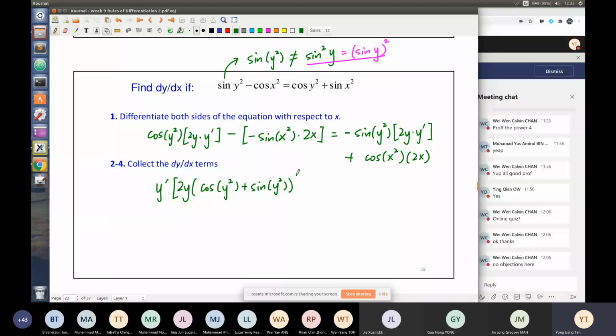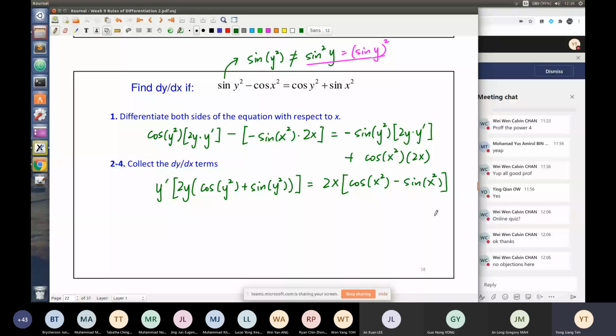Then I throw the rest of the terms on the right hand side. So I get 2x, and this is also 2x, so maybe I factorize out. I get cosine x square. This is a minus, so it's a minus minus plus. I bring across, I will get minus, so I get minus minus sine x square. Is that right?